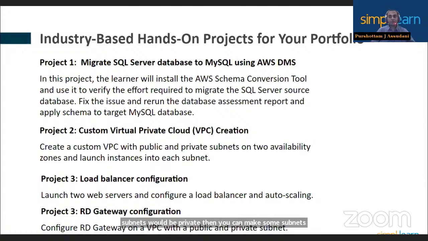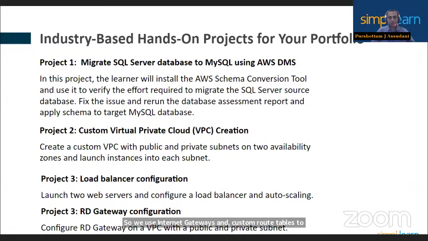The use case would be that you can keep websites on your web servers, which can have the internet, in a public subnet, and your database servers in the private subnets, which won't have the internet for security reasons. That's what we do in this project. We use internet gateways and custom route tables to achieve this.